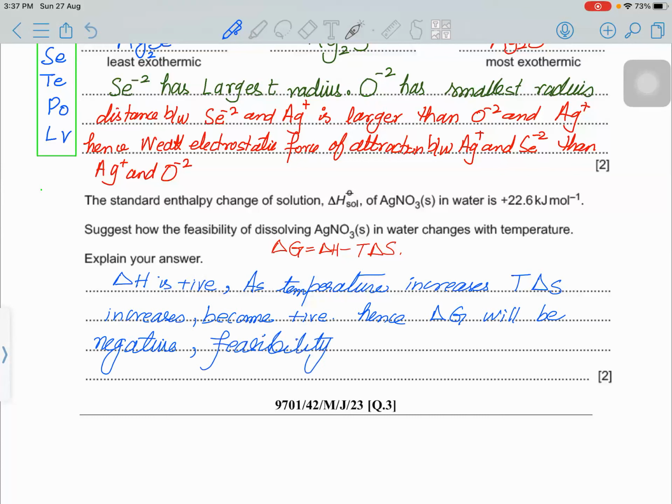Feasibility of the reaction increases. Beta, are you getting my point? Yes sir.